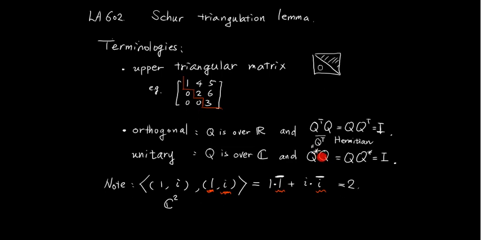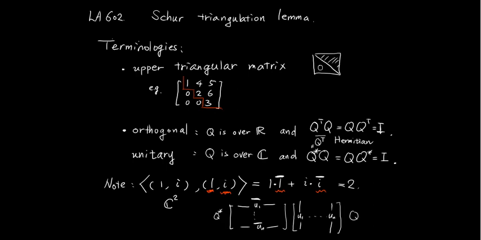So if you think of Q star and Q, suppose Q is something like this. You have several columns. Then Q star is simply taking the u's as horizontal row vectors, but you also have to take the conjugate.